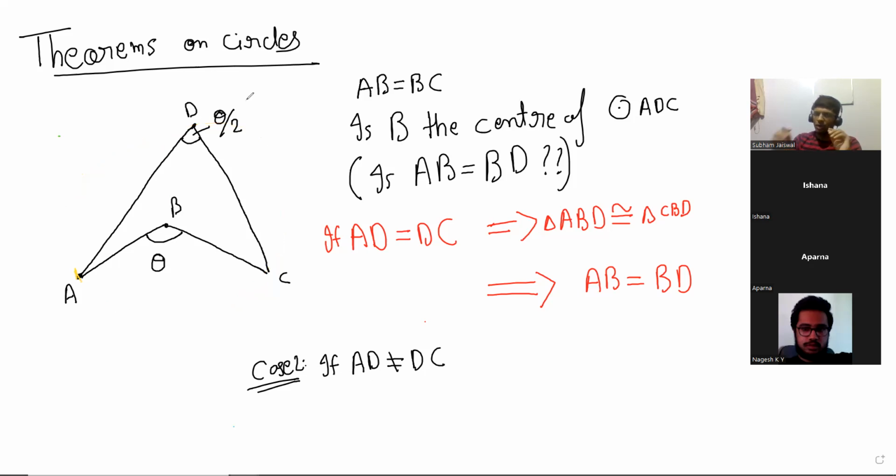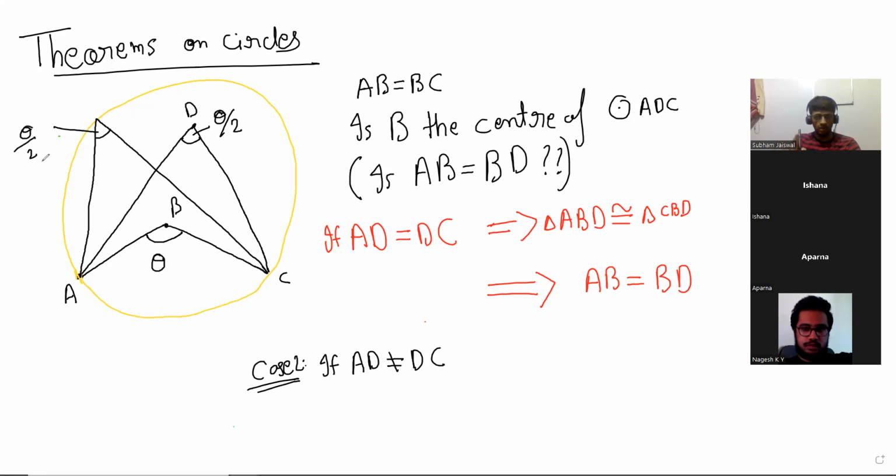See, this is the thing. You want to prove that a point is on the circle, right? Then the natural way is to suppose D is not on the circle. You already know that for any point which is on the circle, this is theta by 2.